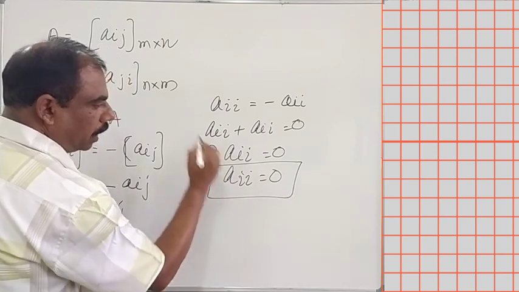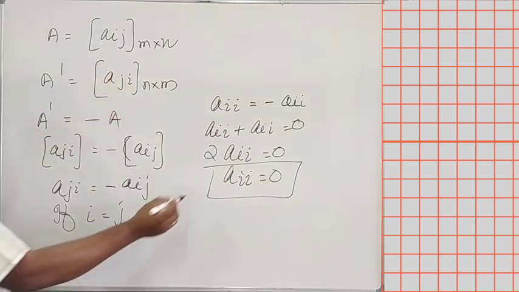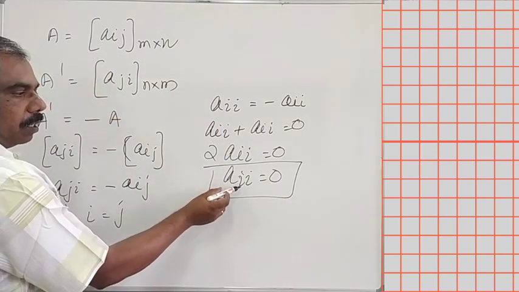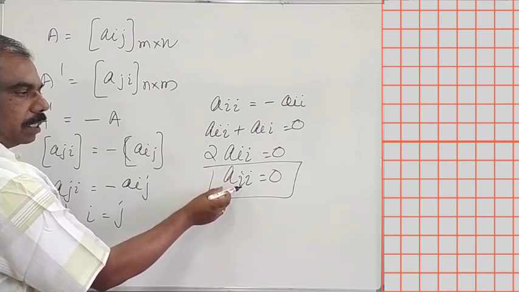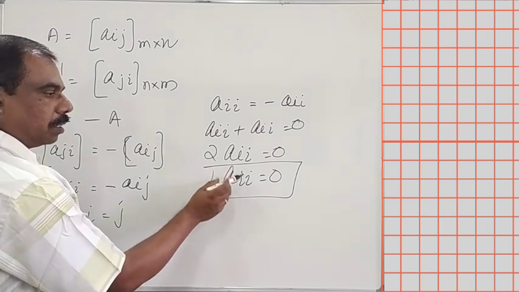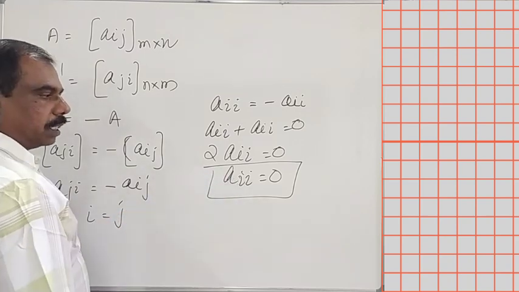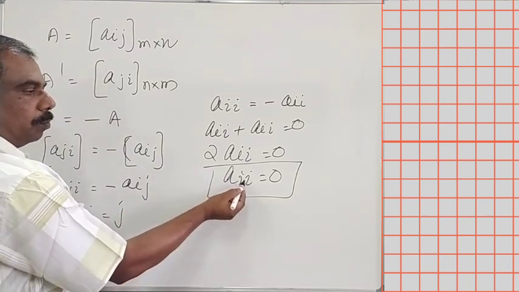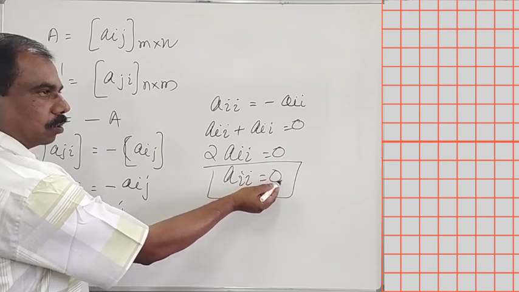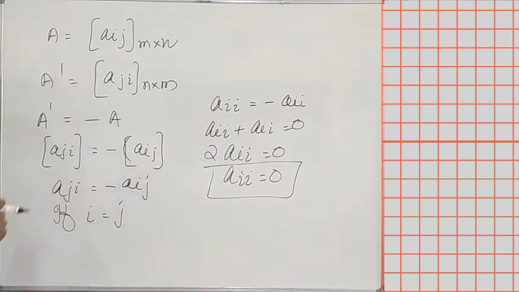Now what do we mean by Aii equal to 0? That is, elements in the form A11, A22, A33, etc. They are the elements of the principal diagonal. So, in a skew symmetric matrix, all the elements of the form Aii will be equal to 0. That means the elements of the principal diagonal are equal to 0.